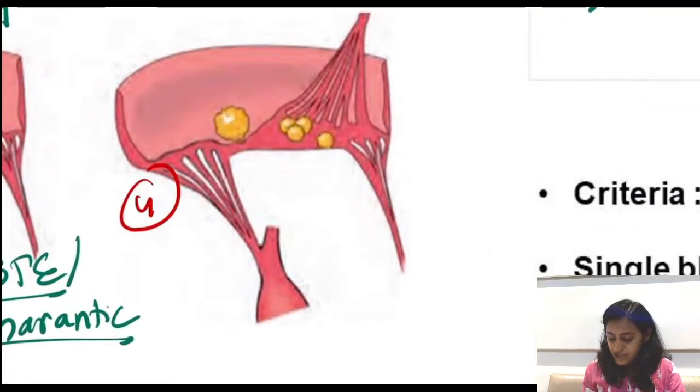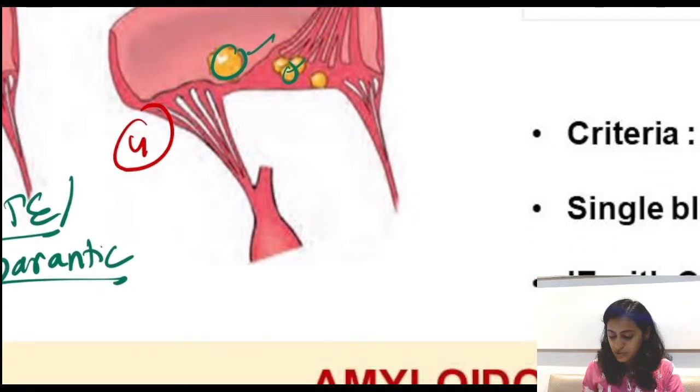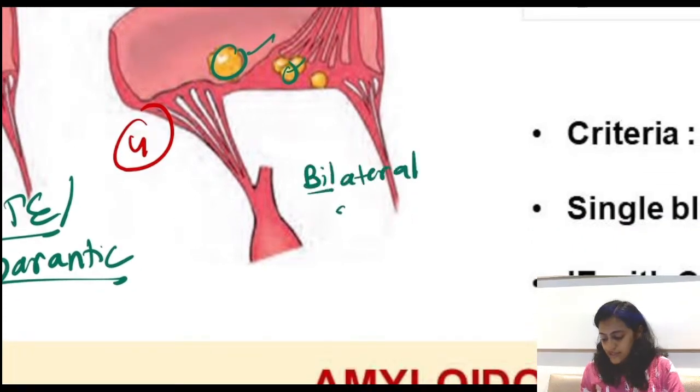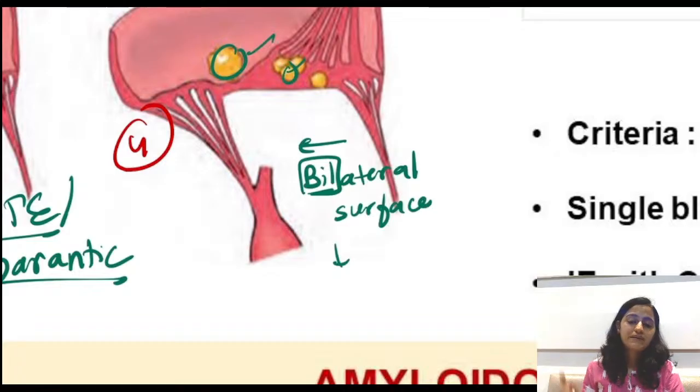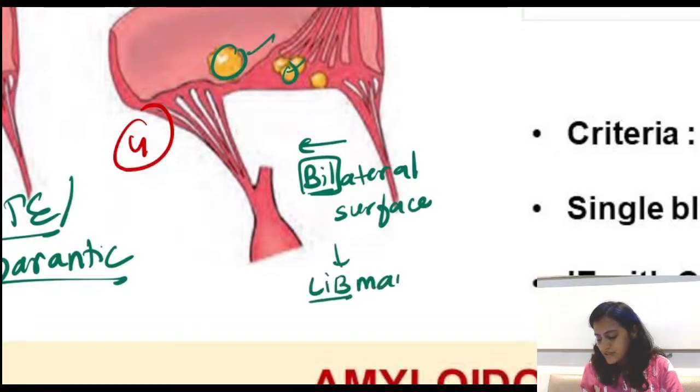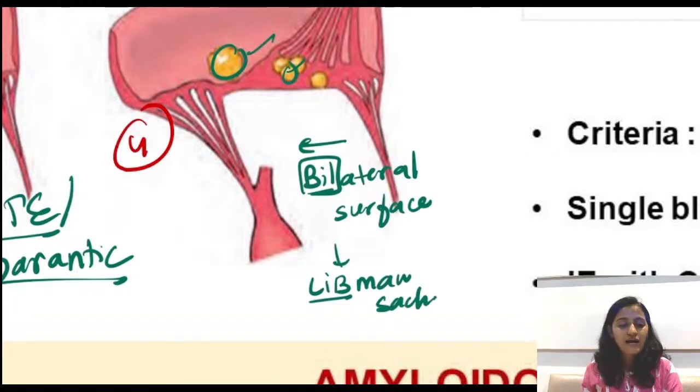Next one, the vegetations which are present on both the upper surface and the under surface, so basically on the bilateral surface. Which is the endocarditis which is bilateral? Read bilateral, BIL, in the reverse form. It is LIB. So this is Libman-Sacks endocarditis.